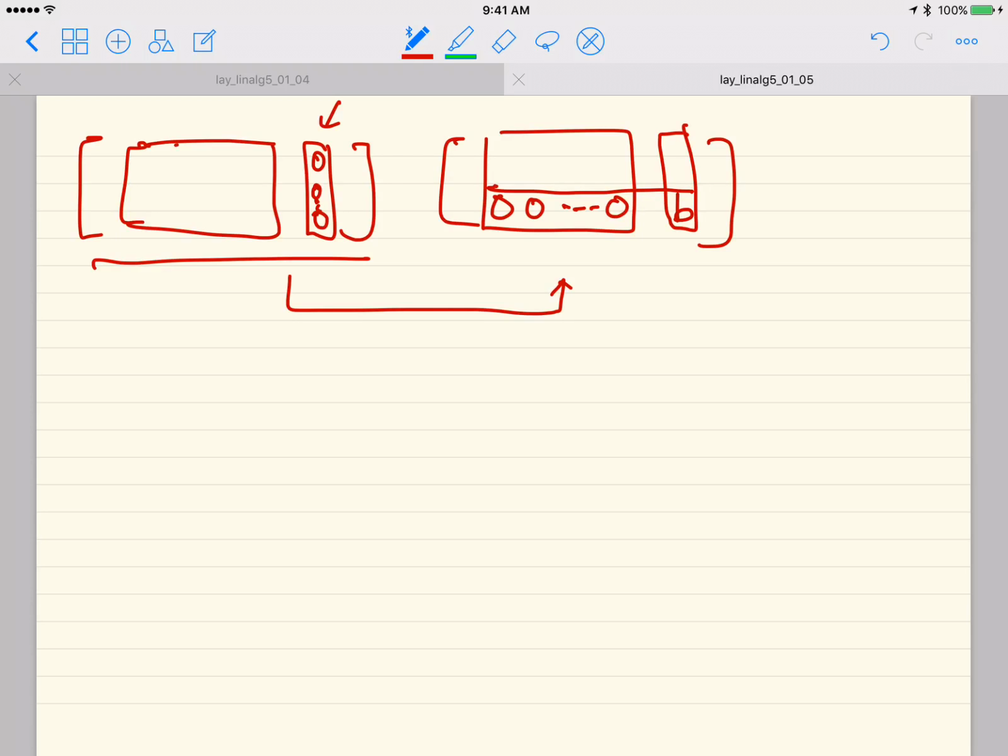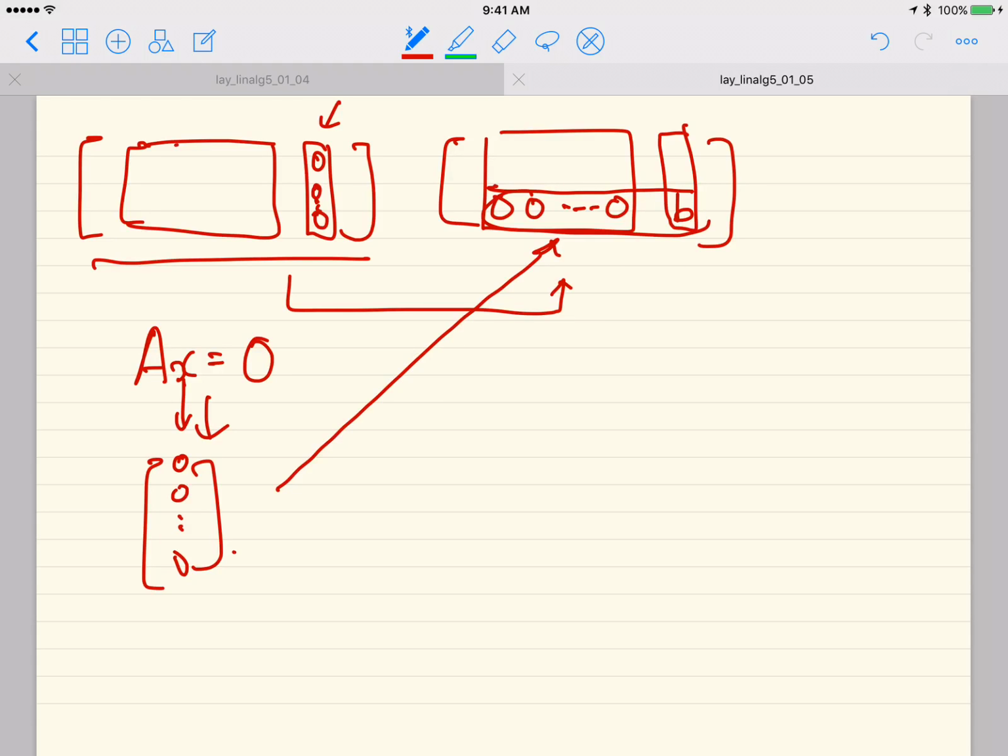So the fact that Ax equals 0 always has at least one solution of all 0 means it is not possible to observe this kind of row in our echelon form, right?